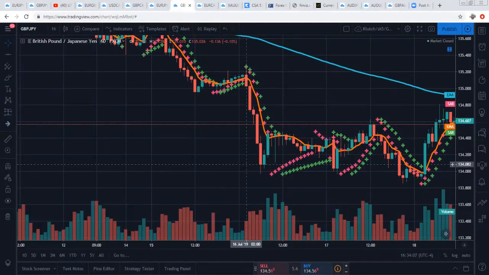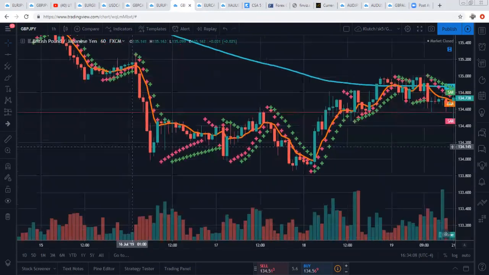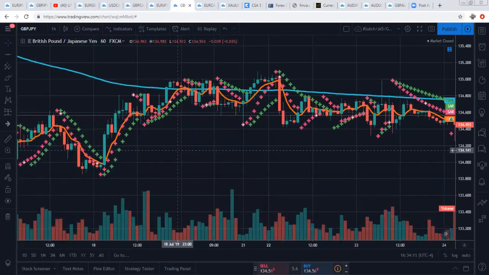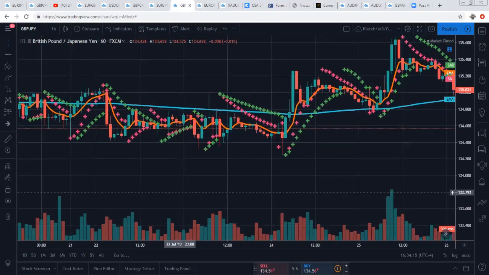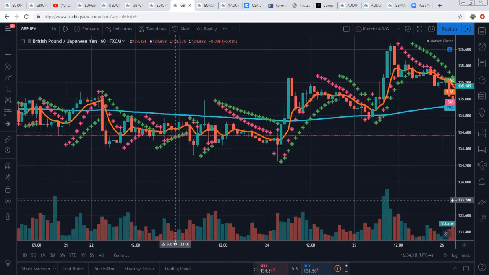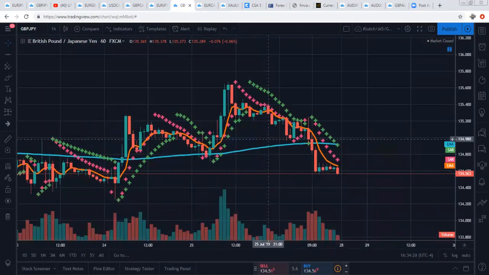Y'all see that? Yes. So I want to teach y'all how to be very proficient in recognizing the teacup as well as recognizing when the 4 and the 50 cross. Here's where we are currently, waiting.